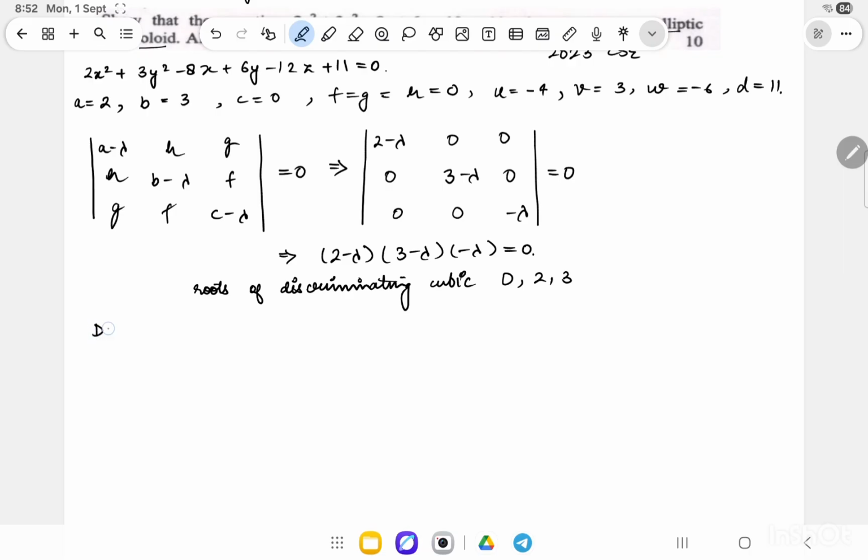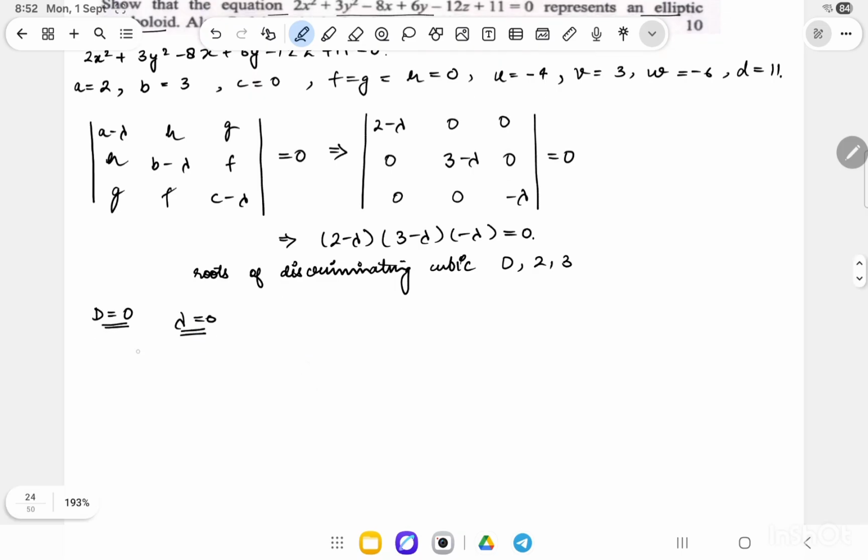So this is of the form where d equals 0. Let us move forward and find the direction ratios of the axis associated with lambda equals 0.